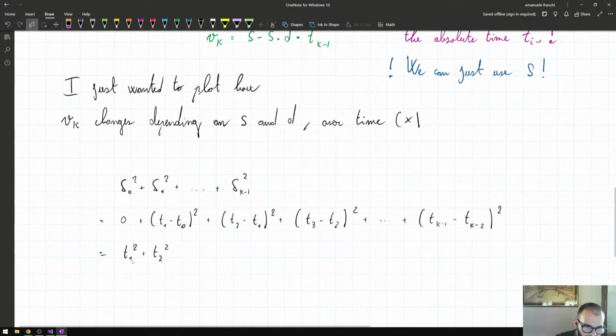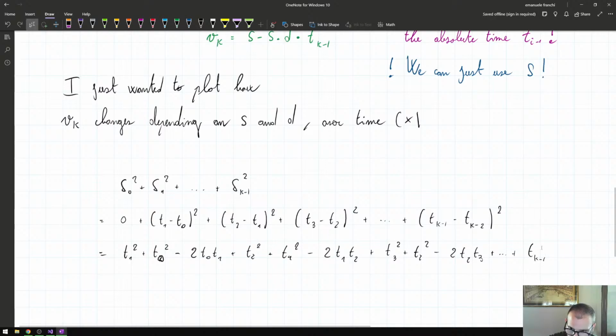It's t1 squared plus t0 squared minus 2 t0 t1 plus t2 squared plus t1 squared minus 2 t1 t2 plus t3 squared plus t2 squared minus 2 t2 t3 plus t(k-1) squared plus t(k-2) squared minus 2 t(k-1) t(k-2).